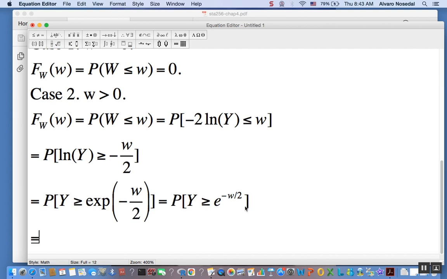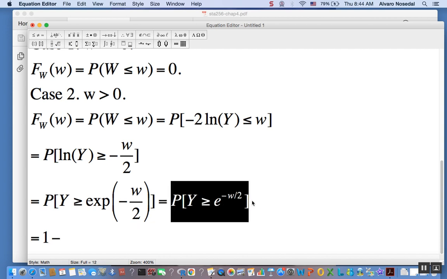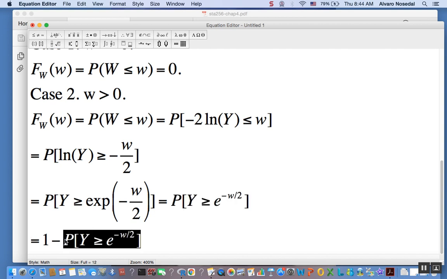So let's rewrite this in terms of the CDF of Y. The probability that Y is greater or equal to e to the negative w divided by 2 is equal to 1 minus the probability that Y is less than e to the negative w divided by 2. You guys agree?